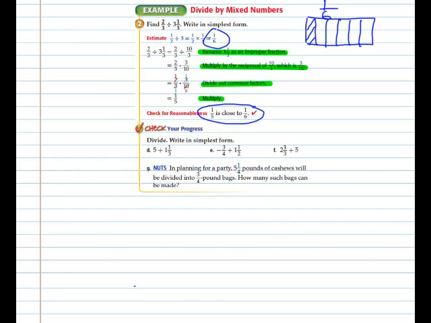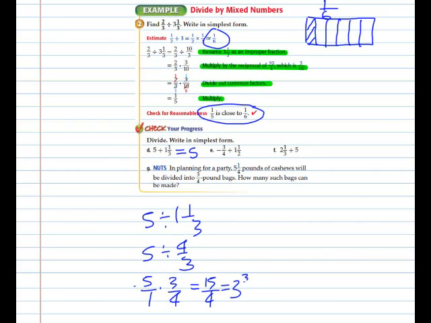Example D. 5 divided by 1 1/3, I'm going to round the 1 1/3 to 1, so my estimate's going to be 5, but I'll know that that's going to be an overestimate because I rounded my divisor down. 5 divided by 1 1/3 becomes 5 divided by 4/3, which becomes 5 over 1 times 3 over 4, which gives me an answer of 15 over 4, which is 3 3/4.